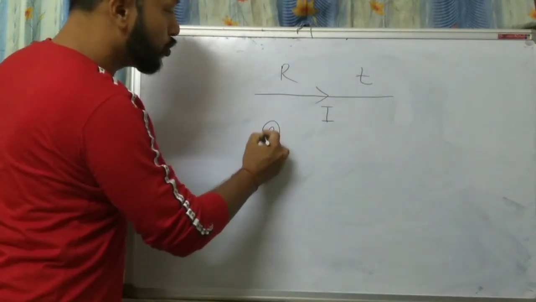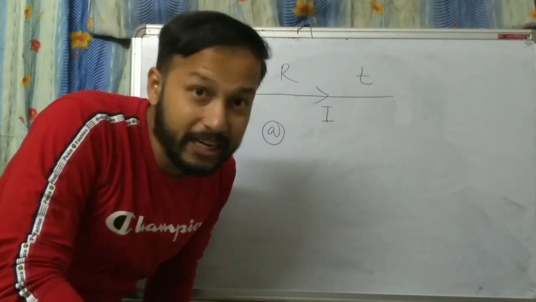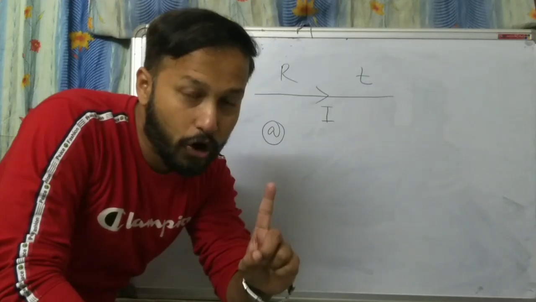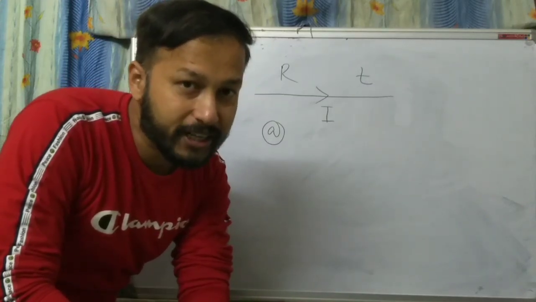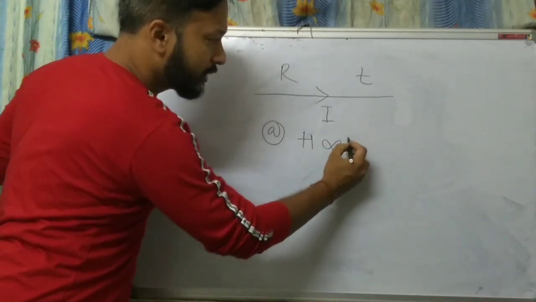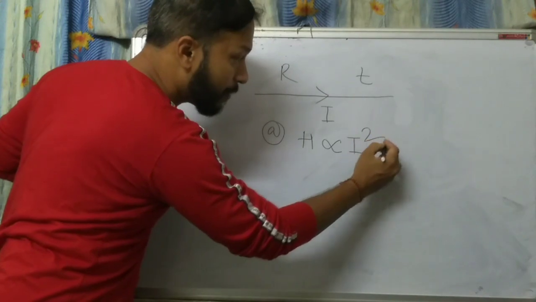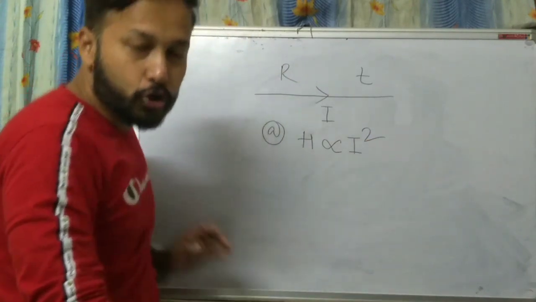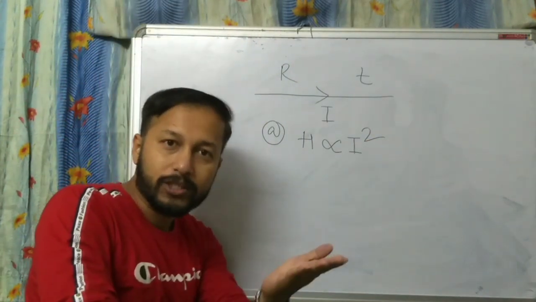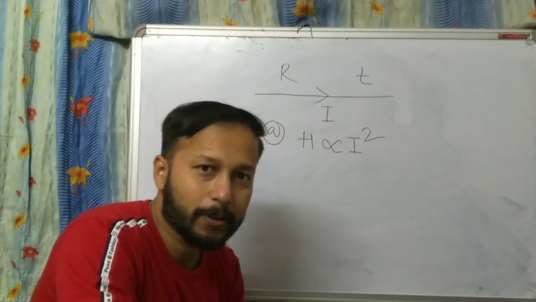Now according to Joule's laws of heating effect, the first law is that the amount of heat is directly proportional to the square of the amount of current.